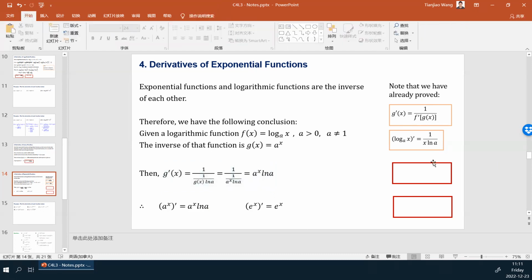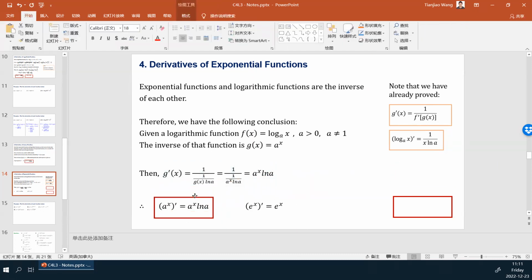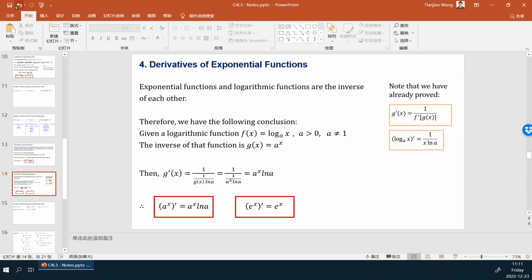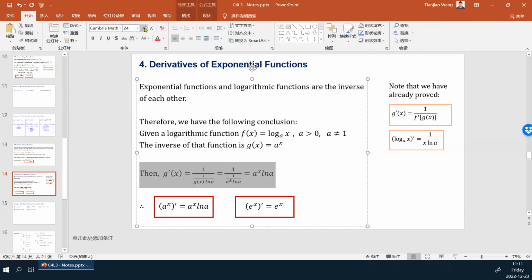And a special case is when a equals Euler's number e, that gives us the derivative of e to the power of x, which should equal e to the power of x itself, right? Now, is it more understandable? Is it more understandable now?